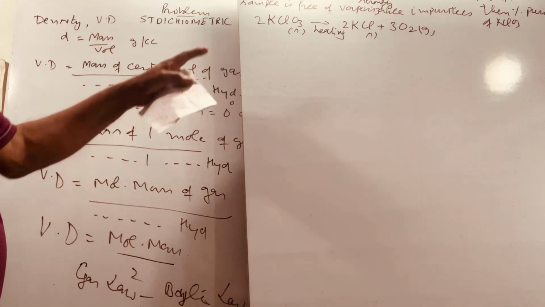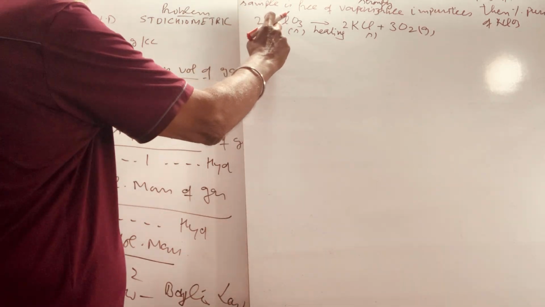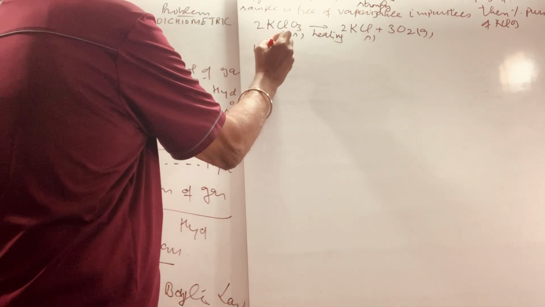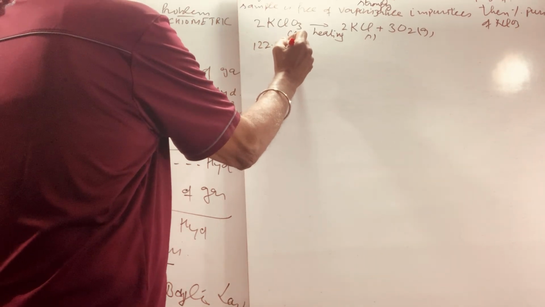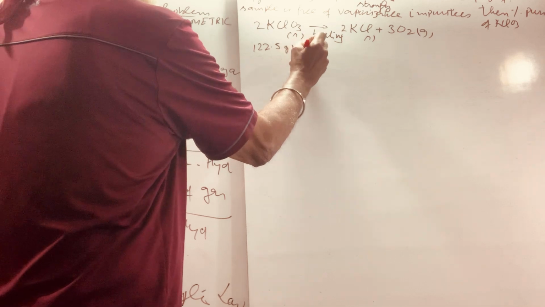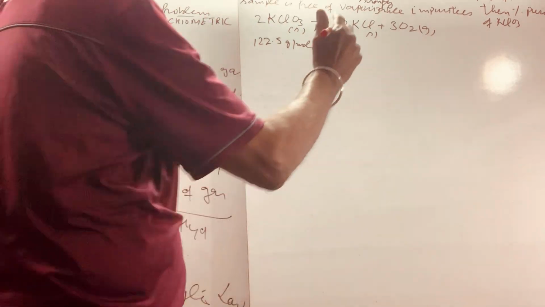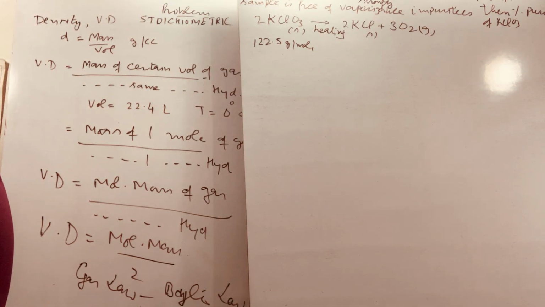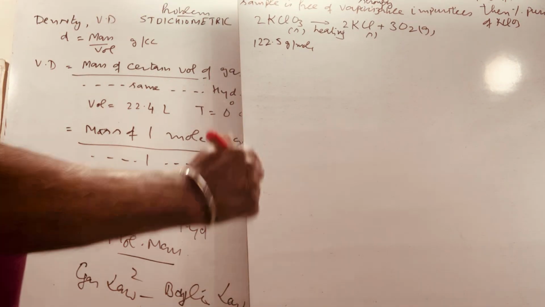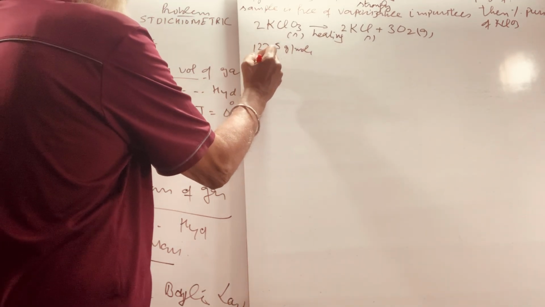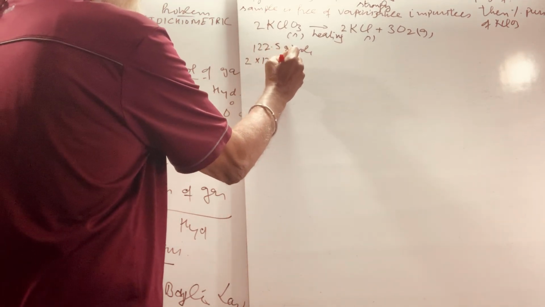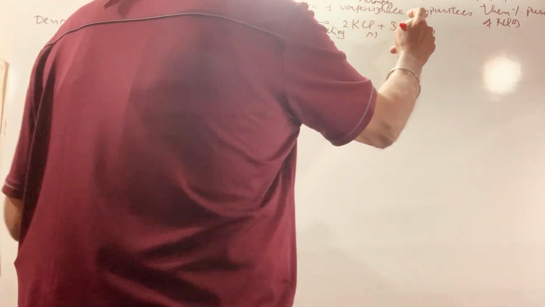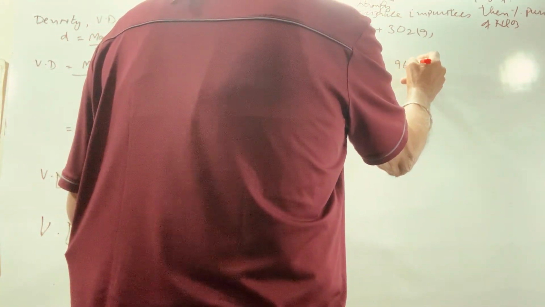So here molecular mass is 122.5, 39 plus 35.5 plus 48. KCl is 74.5 and O2 is 32, multiplied by 2 because 2 moles are taken, so 2 times 122.5 is 245 gram. Here it is 96 grams.